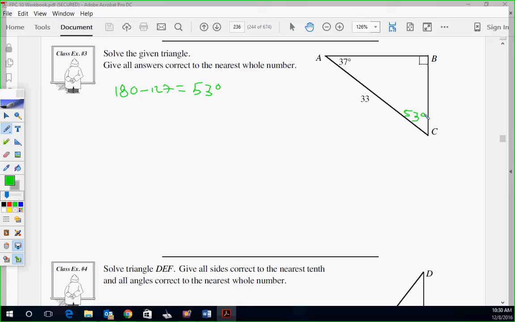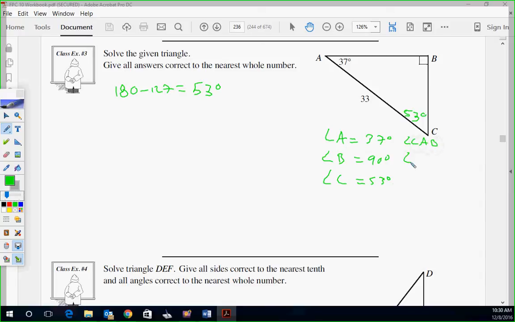Yesterday we talked about this, maybe in the second class, not you guys, but you can list it BAC or just angle A. For being easier, we can just say angle A is 37, angle B is 90, angle C is 53. And like I said, remember, this could also be CAB.